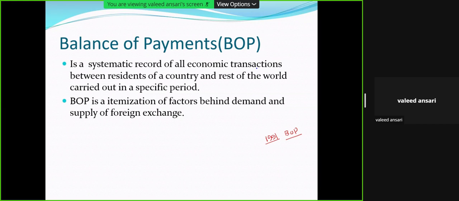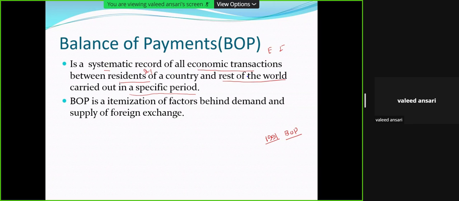So let us take a definition of balance of payments. Balance of payments is a systematic record of all economic transactions, export and import, the capital flows in and out, between residents of a country, say India, and the rest of the world, carried out in a specific period, let us say 1 year.